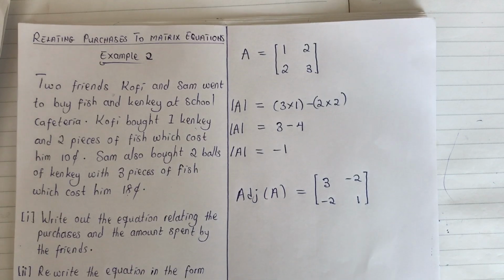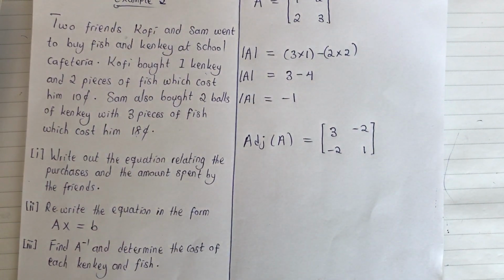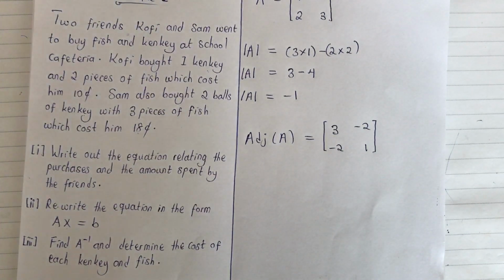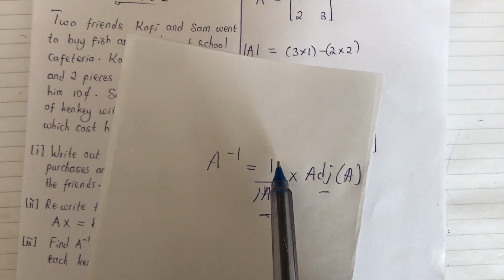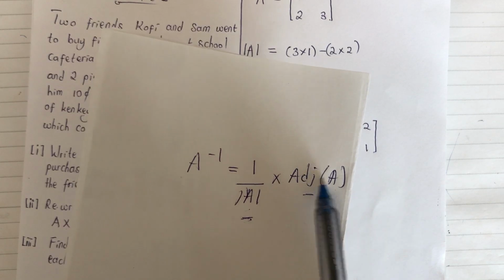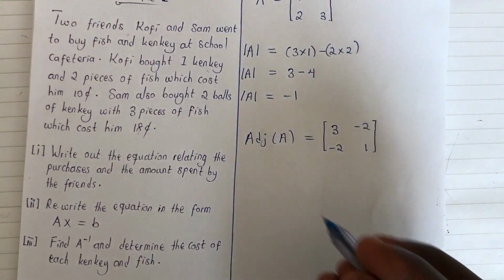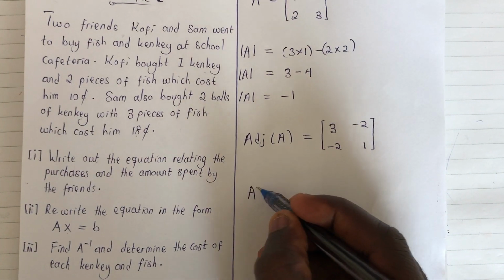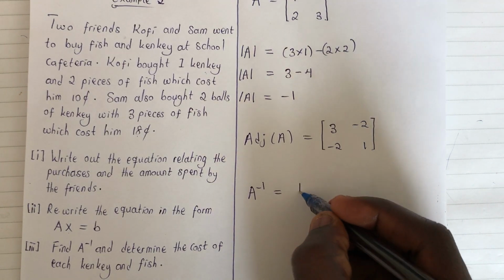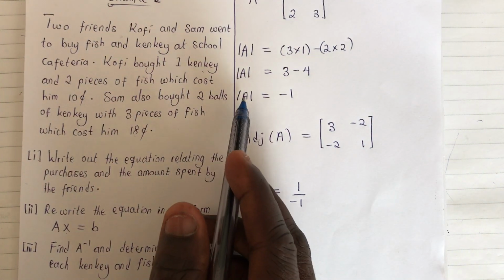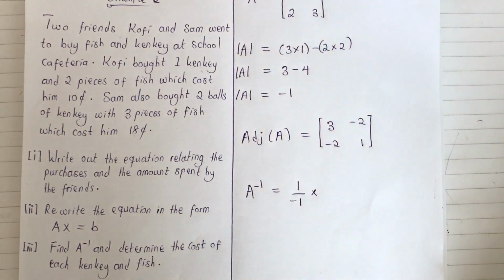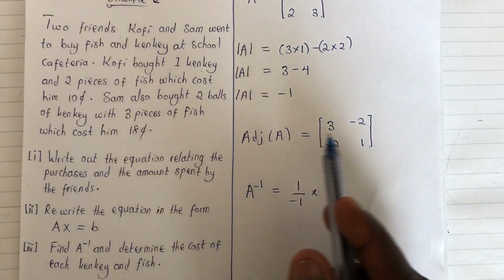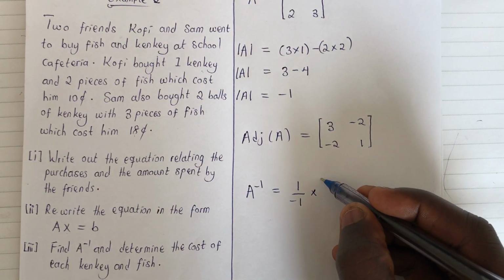That is it. Now that we have adjoint of A, we can substitute the result into our formula, which says that A inverse equals 1 over determinant times adjoint of what? A. So we have A inverse giving us 1 over negative 1, which is our determinant, times adjoint of A. Adjoint of A is giving us what?